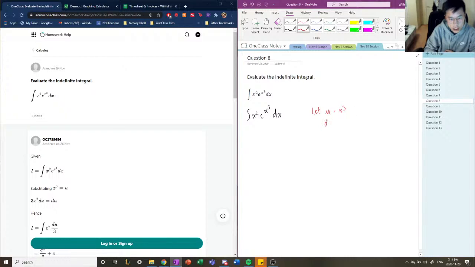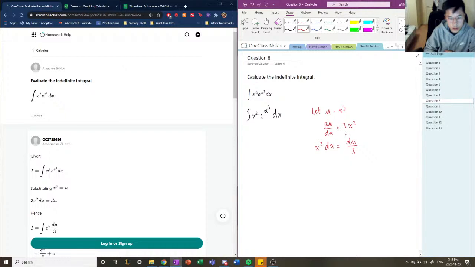Okay, so du dx of x cubed is just 3x squared. And if we were to treat these as separate variables, then we get, hold on, let me write this differently actually. du over dx is 3x squared, so x squared dx equals du over 3.